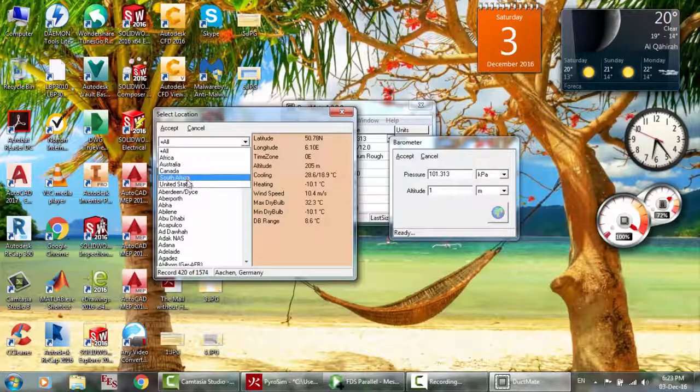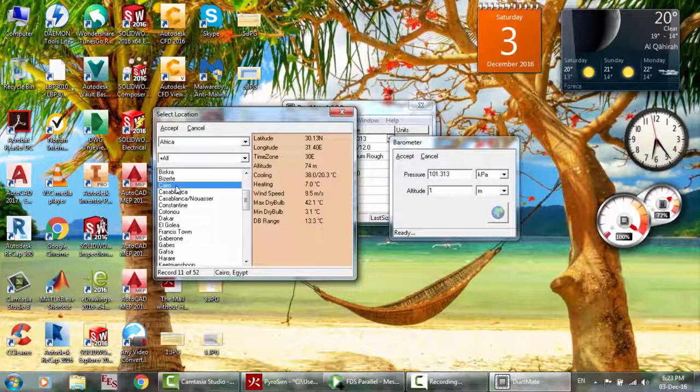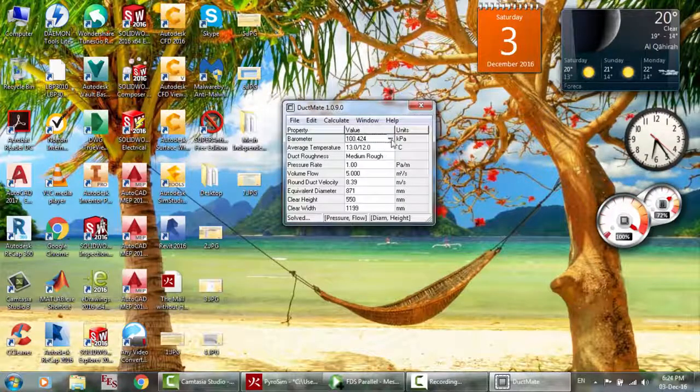Here, South Africa, United States, Australia, Africa. Here's Africa. This is my location, Cairo. Here are latitude, longitude, time zone, altitude over sea level. Okay, and the dry bulb and the ranges. Okay, accept. So that's it, accept.